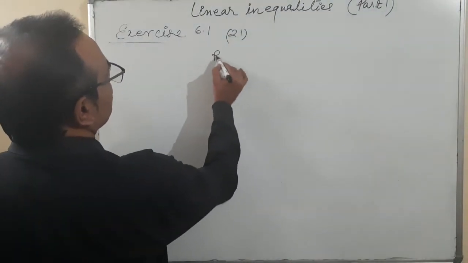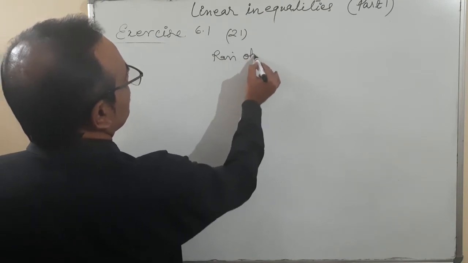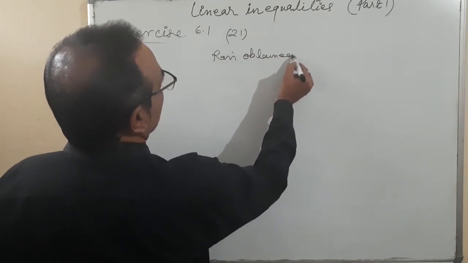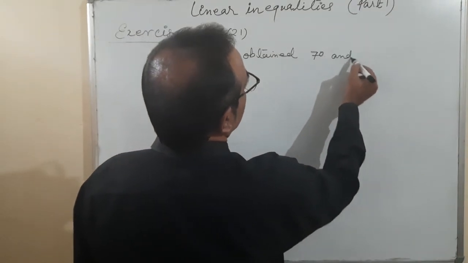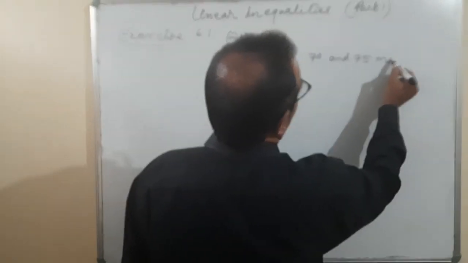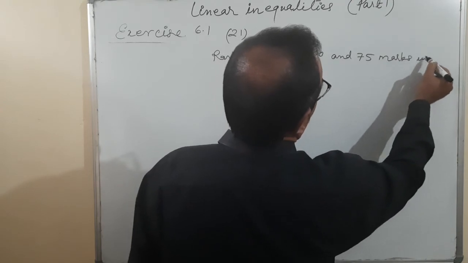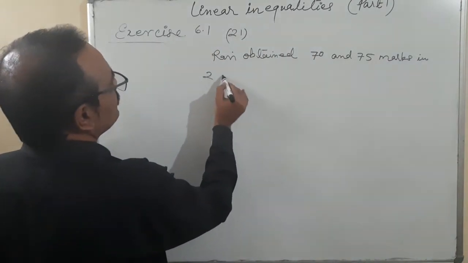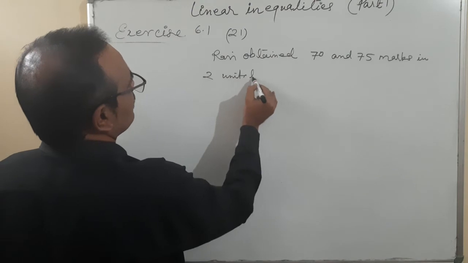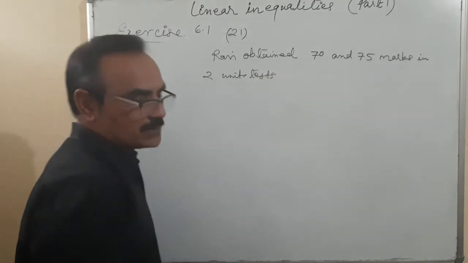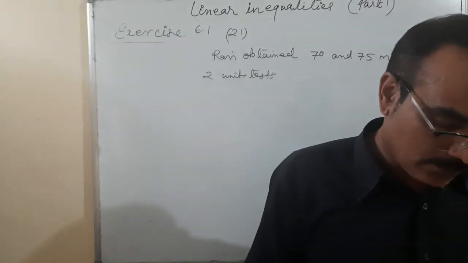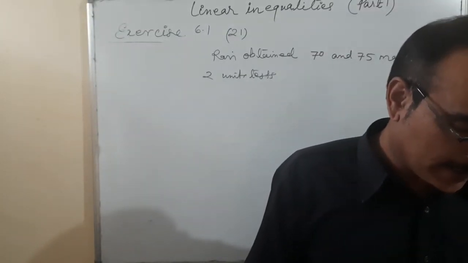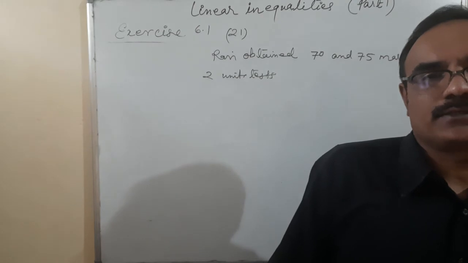Ravi obtained 70 and 75 marks in 2 unit tests. Find the minimum marks he should get in the 3rd unit test.